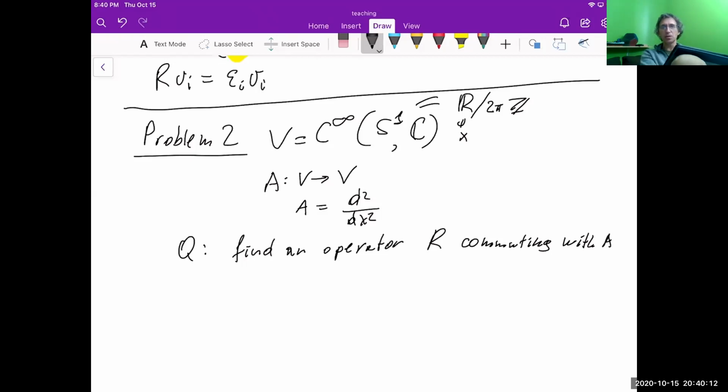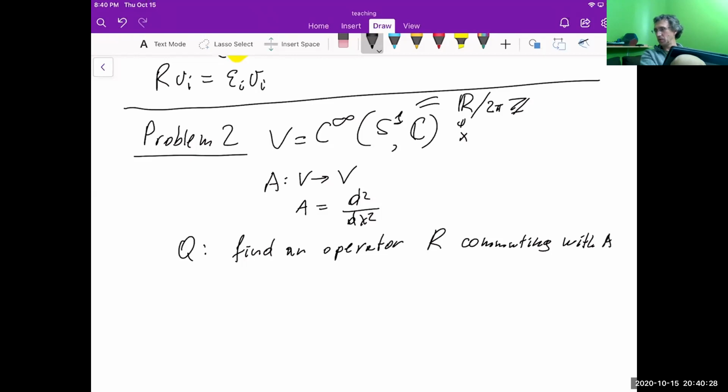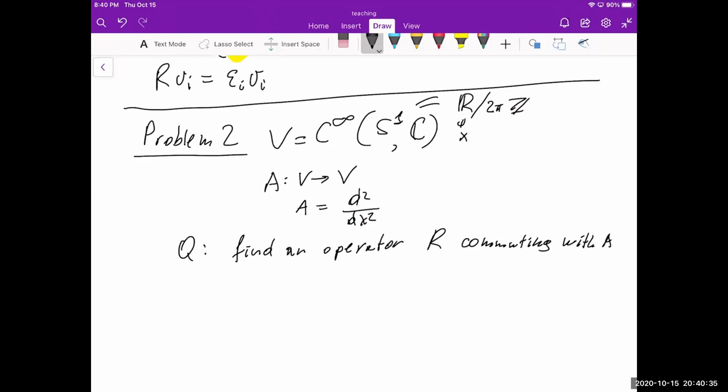So we do want something which really explores the feature, is more specific to A. So are there any operators which commute with derivatives on R? Non-trivial operators on the space of functions. Can we translate the function? Yep.